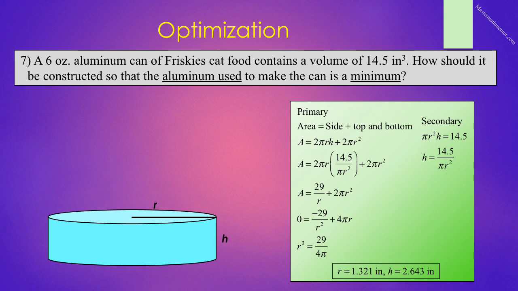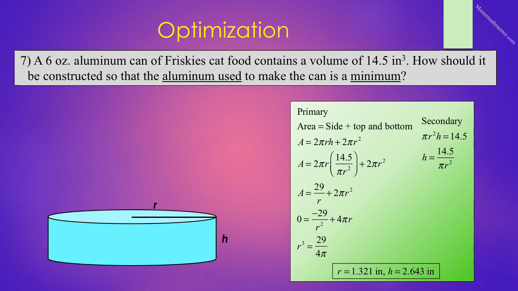Since we want to minimize the amount of aluminum used, we define A to be the surface area of the can, r to represent the can's radius, and h to represent the can's height.